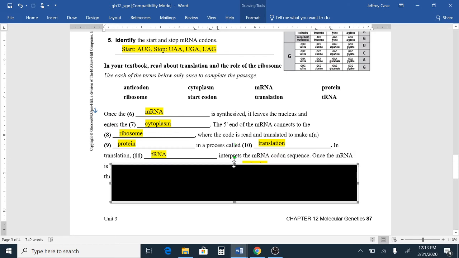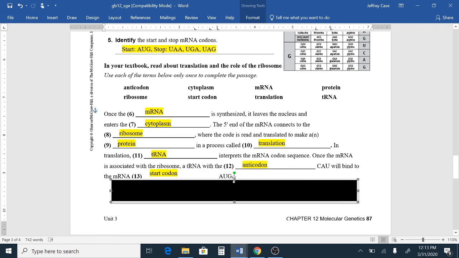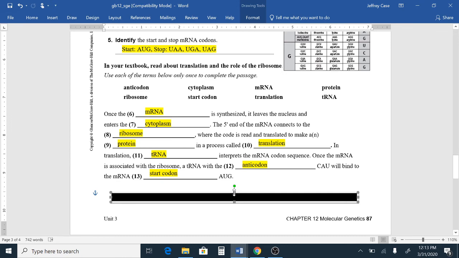In translation, tRNA interprets the mRNA codon sequence. Once the mRNA is associated with the ribosome, a tRNA with the anticodon CAU will bind to the mRNA start codon, AUG. Okay.